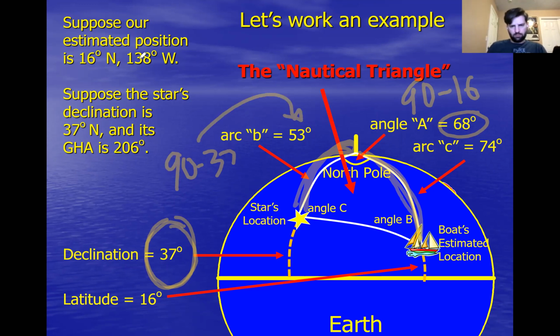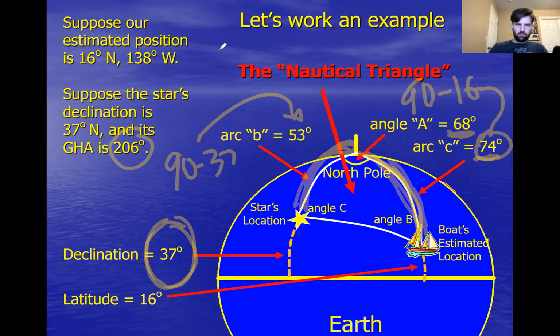Okay, and so, oops, wait a minute. Sorry, I just made a mistake. 90 minus 16 is not 68. Sorry, the 68 degrees, that's something else. 90 minus 16 is 74. So the distance from the boat to the North Pole is 74. The 68, where did that come from?